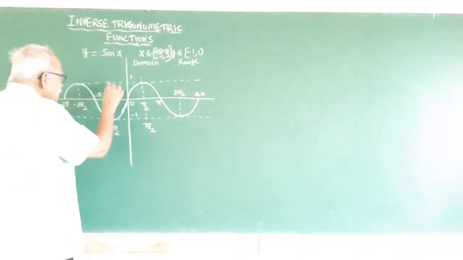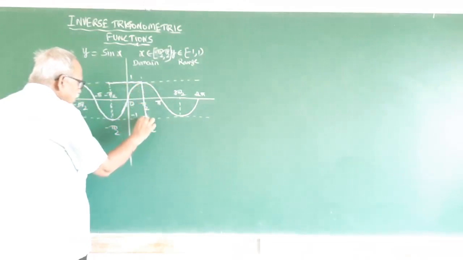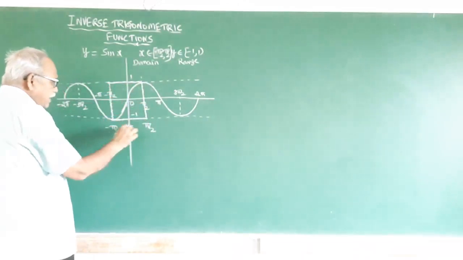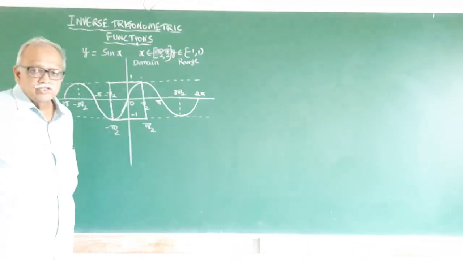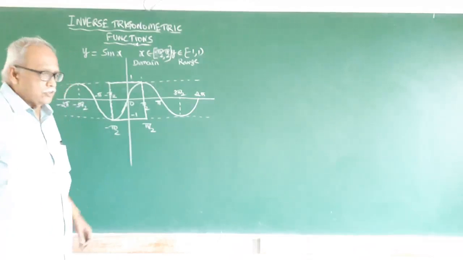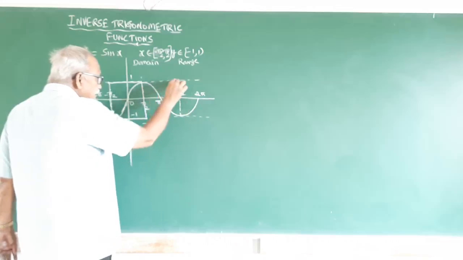In this interval, minus pi by 2 to pi by 2, sin x can behave as a one-to-one and onto function. Once it is one-to-one and onto, we can invert it.